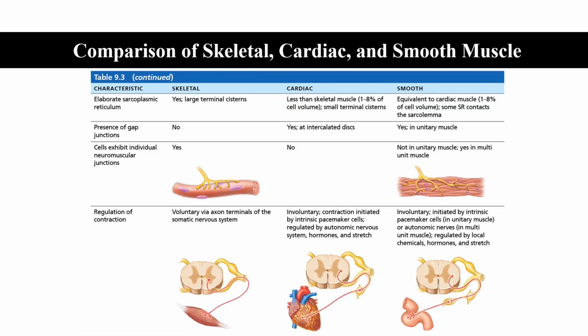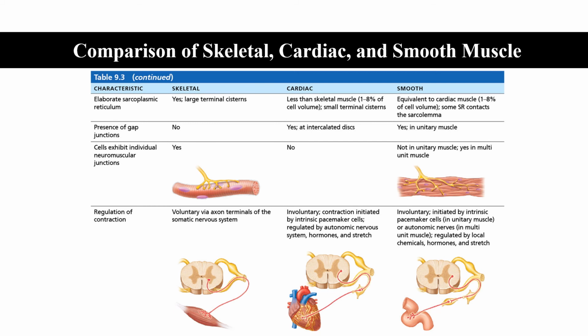When we look at the presence of gap junctions or how elaborate the sarcoplasmic reticulum is, we know that in skeletal muscle it is quite elaborate. We didn't really talk much about the cardiac or the smooth muscle, other than that the smooth muscle has a much less elaborate sarcoplasmic reticulum.